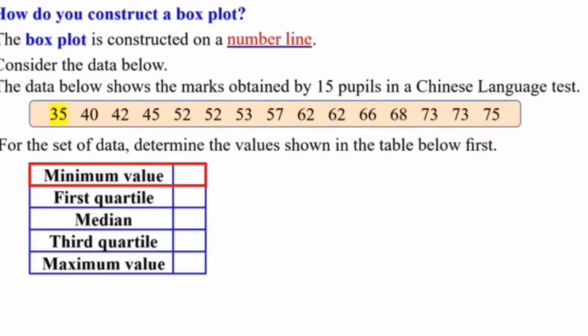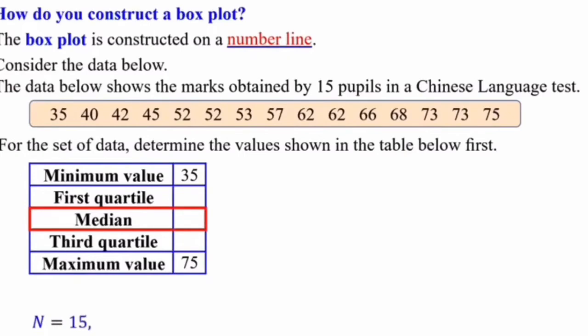We will use a table so that the data looks systematic. Then you should know how to find the first quartile and the third quartile, and the maximum value is the highest value. We will find the median also.